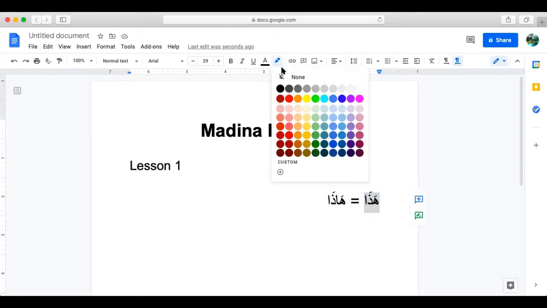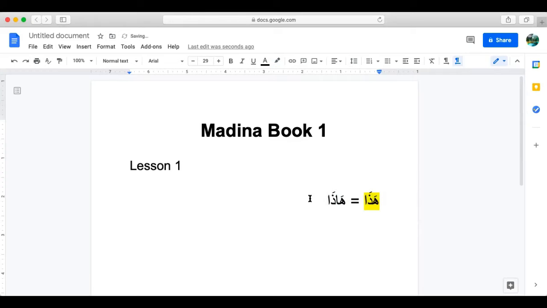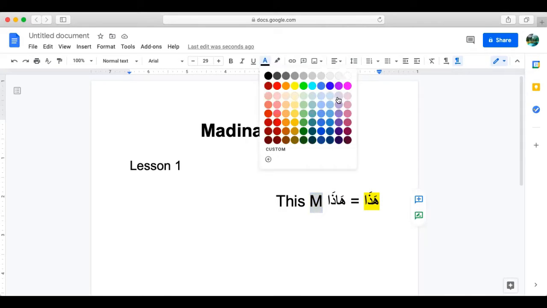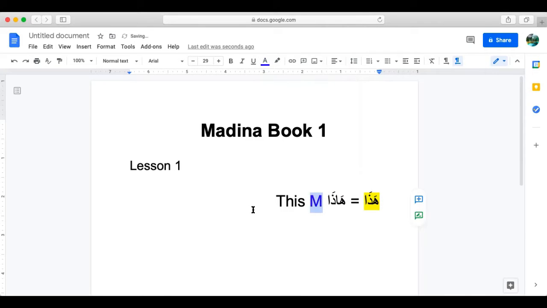So what does هذا actually mean? It means this. And later on we'll find out that it's for masculine nouns. What do you mean? Masculine nouns meaning not feminine.